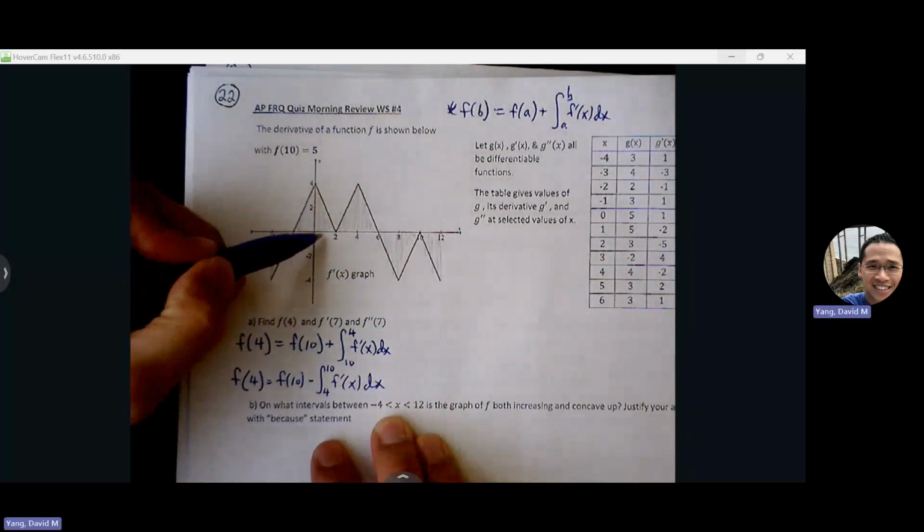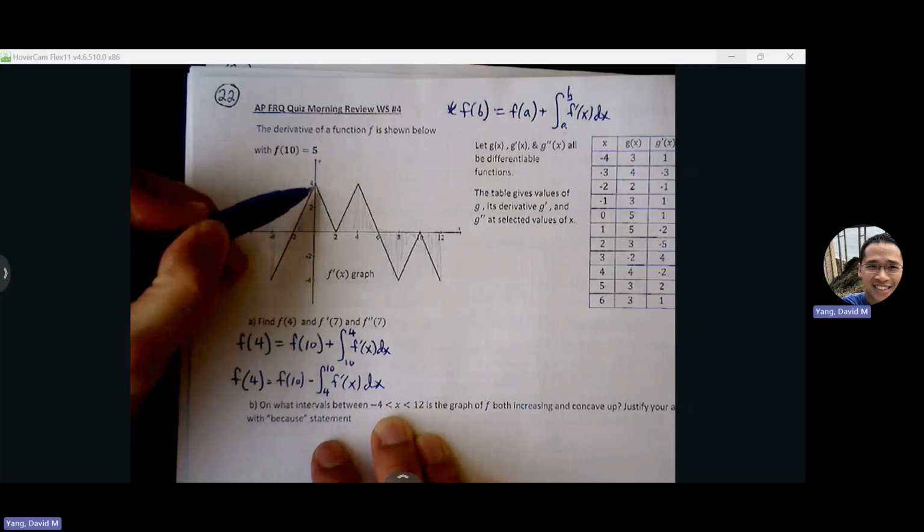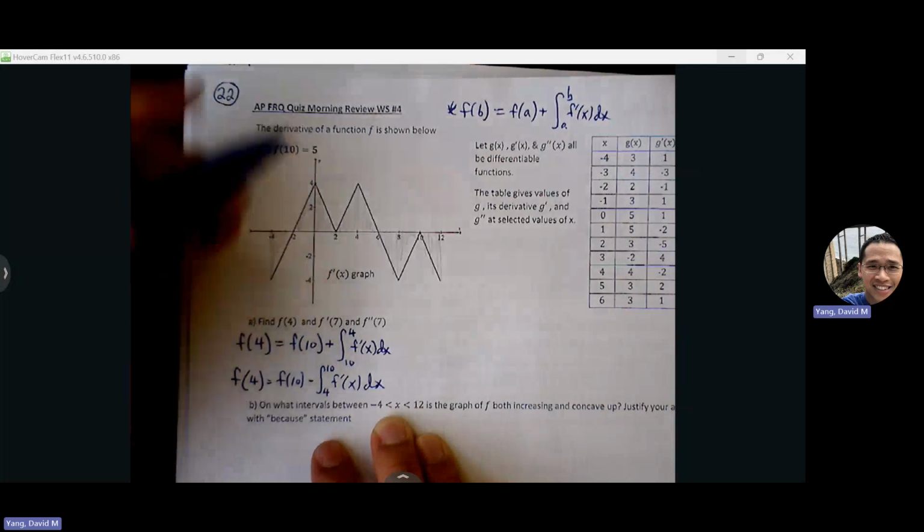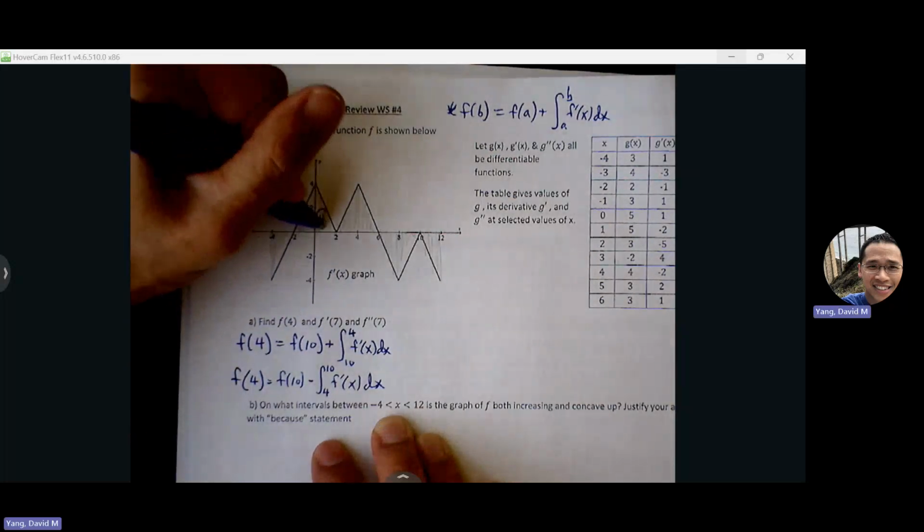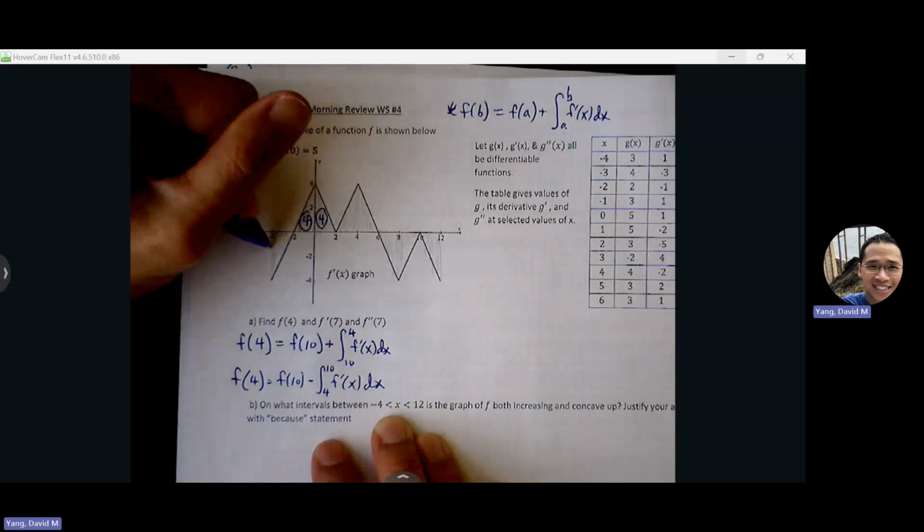So this right triangle here is 1/2 base times height: 1/2 times 2 times 4 is 4. So a lot of these will just be 4s or negative 4s.